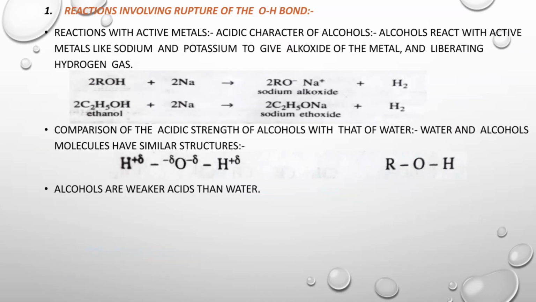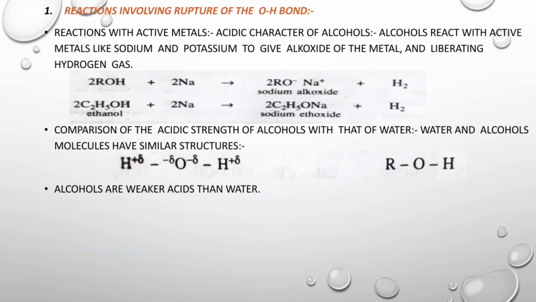As we know, in water the OH group is attached to a hydrogen atom, while in alcohols the OH group is bonded with alkyl groups. Alkyl groups are electron releasing groups.